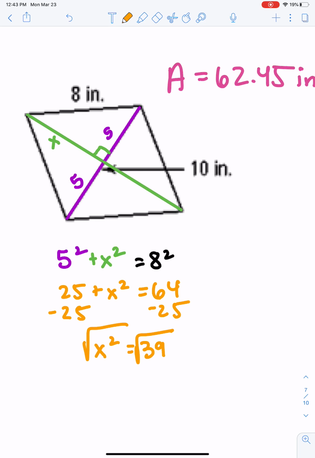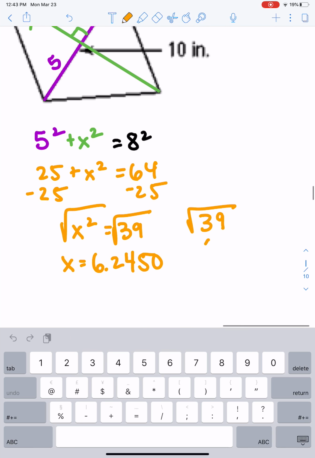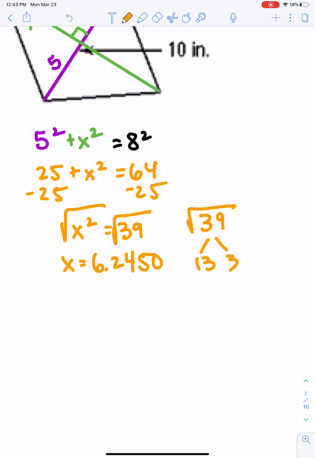And if you are not doing the ACT method, you will get 6.2450. If you are doing the ACT method, 39 breaks down into 13 and 3. 13 doesn't break down at all, so that's as low as we can break it down.